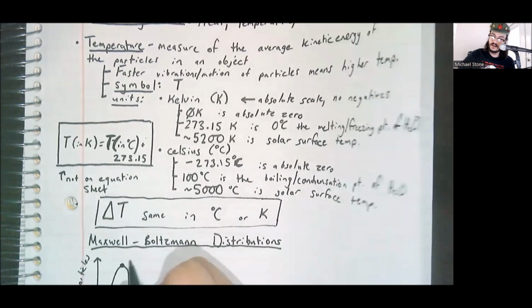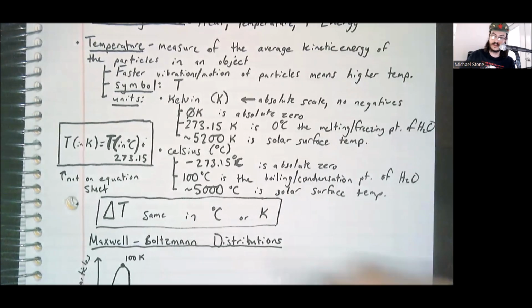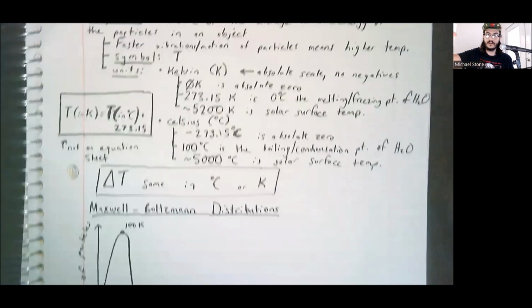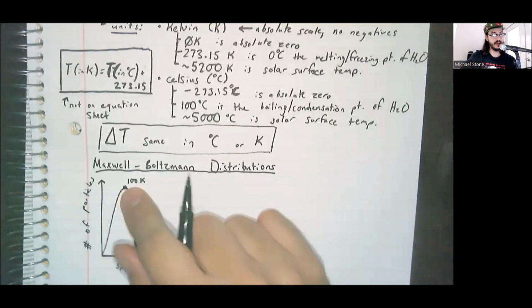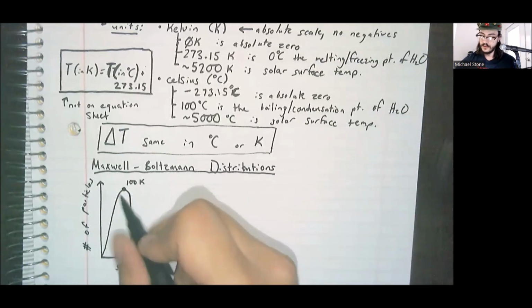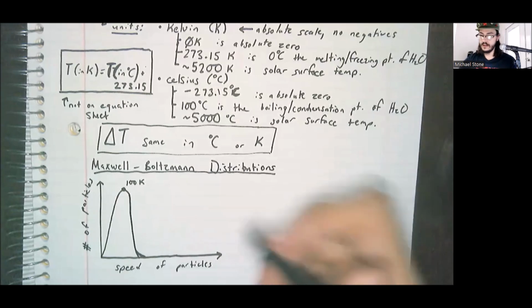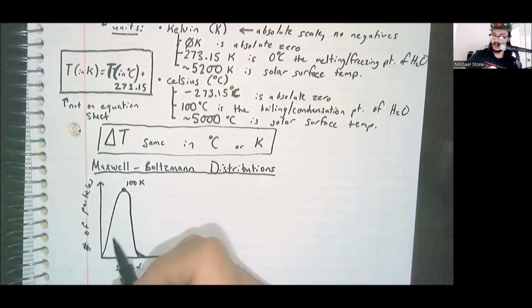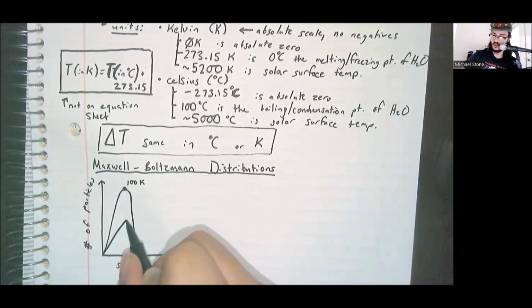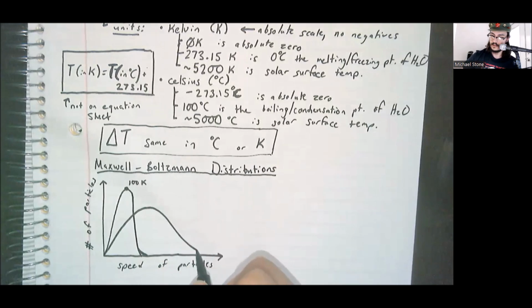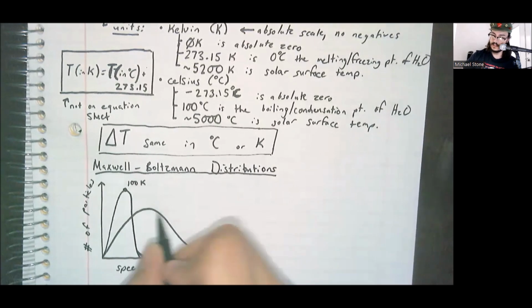This peak right here, there is a formula that you do not need to know that will allow you to, from where the peak is on this graph, find the temperature. But we're just really looking at the patterns. If you heat that thing up to 1200 Kelvin, your distribution begins to look like this.